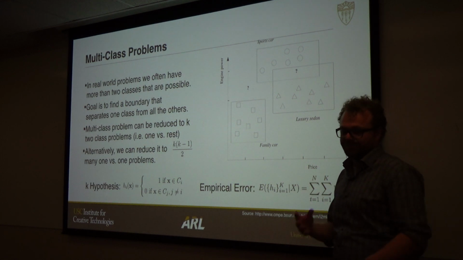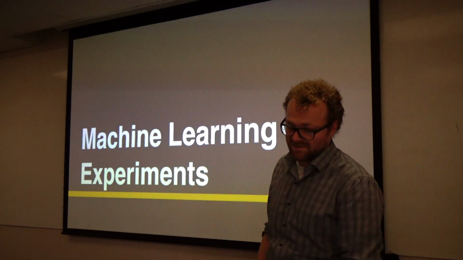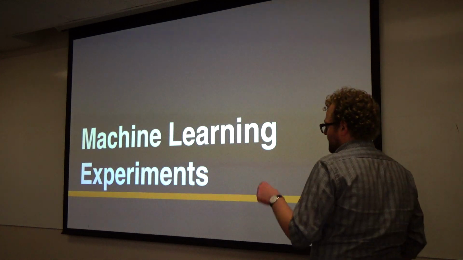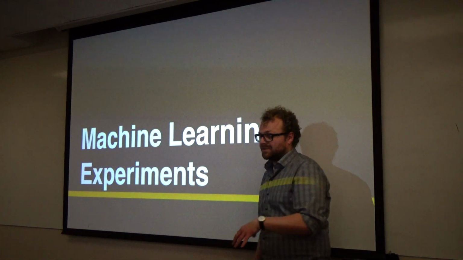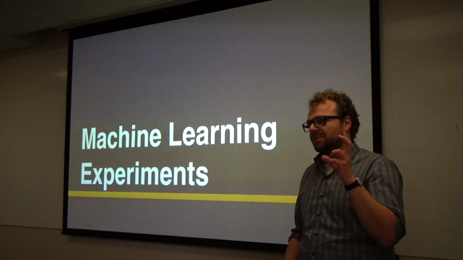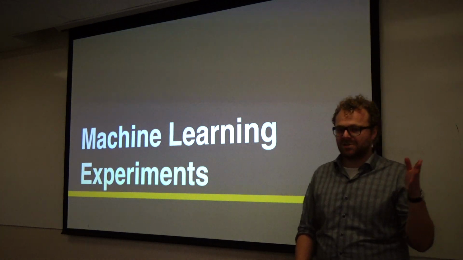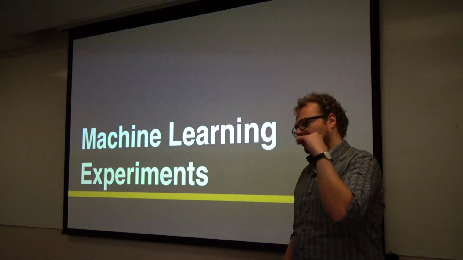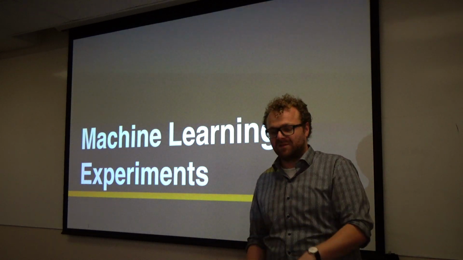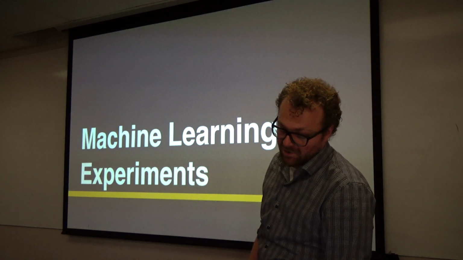Alright, so now we get to a little less theory, more practical exercise. This is really important, because we want to conduct machine learning experiments, and to do machine learning experiments there are several steps. We're going to go through these steps, and I'm going to repeat this probably multiple times because this is something you really need to hammer home.